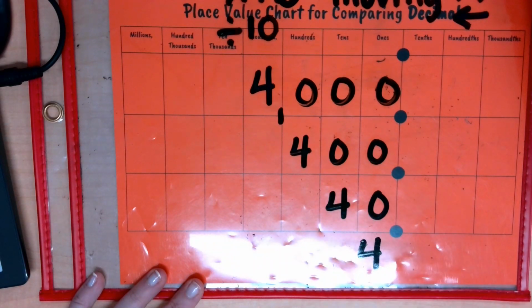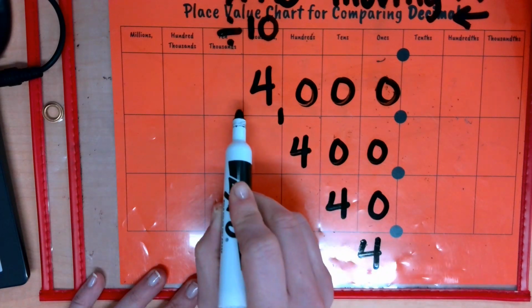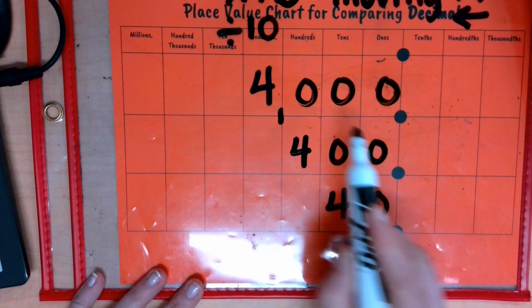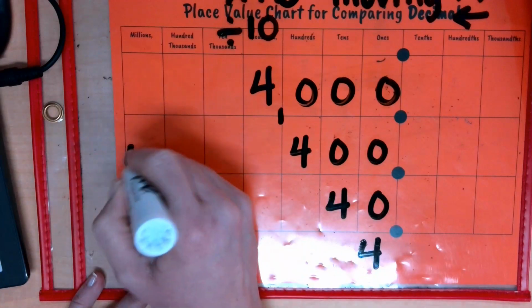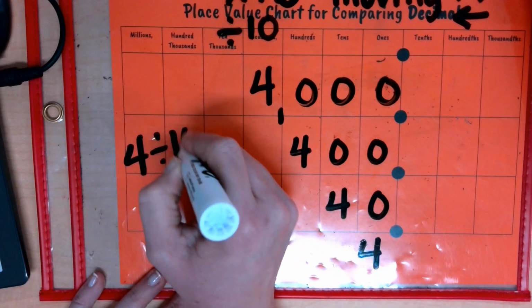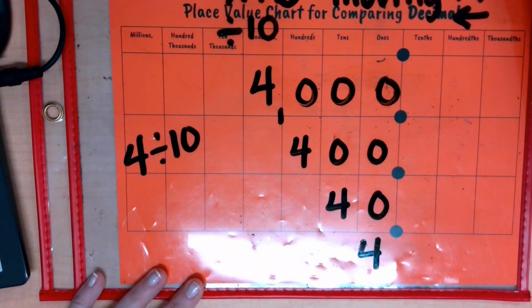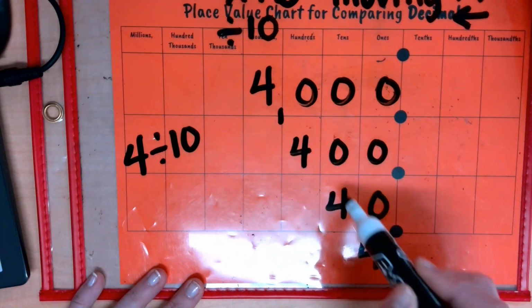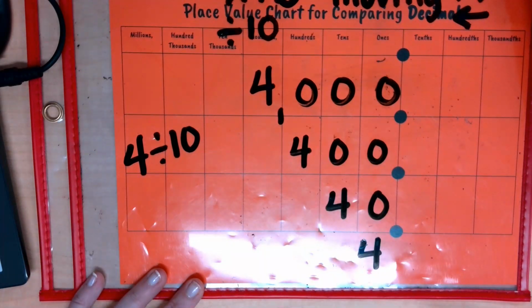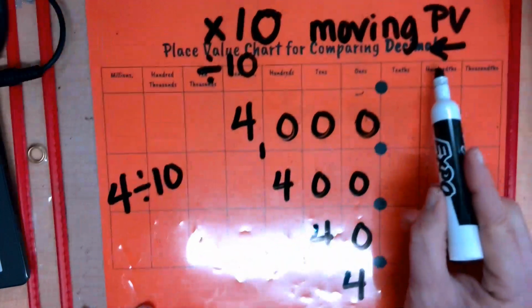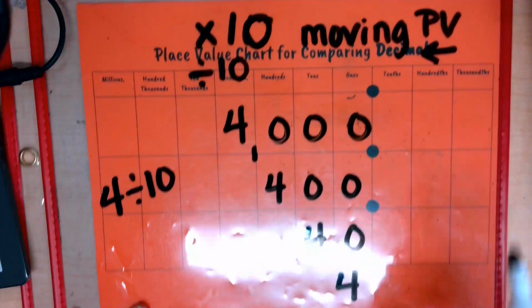So what's going to happen when I take 4 and divide by 10? Look at the patterns that we have so far. If we keep following the same pattern, we can see that the 4 is moving over one place value also, but it's moving now to the right instead of to the left.